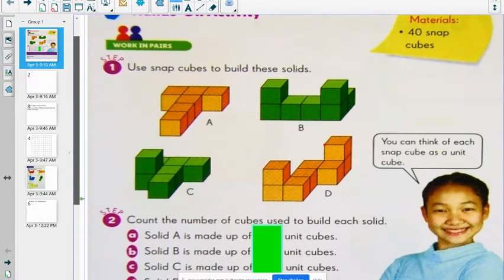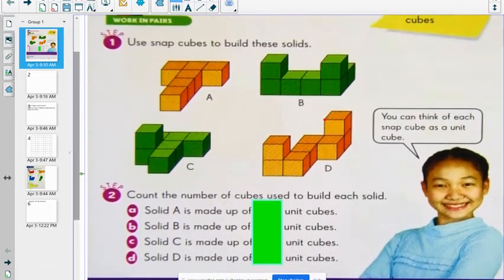Maybe try to create these with your own manipulatives or draw them, and see if you can figure out how many unit cubes are in these different figures. As a reference point, this is your textbook, page 260.